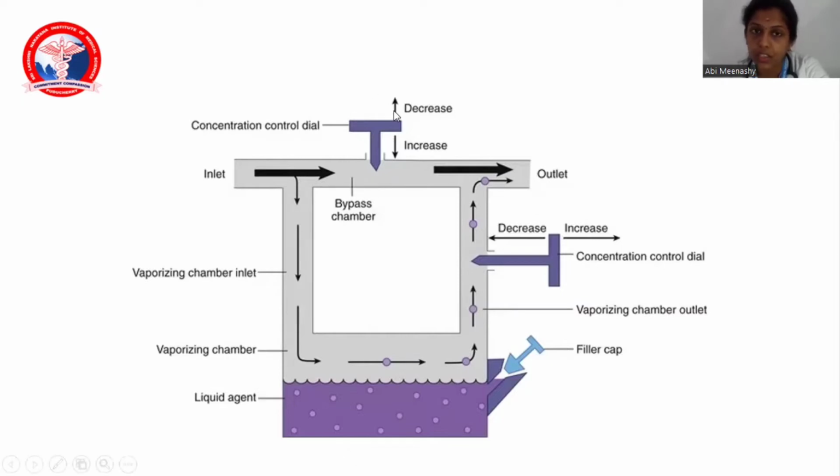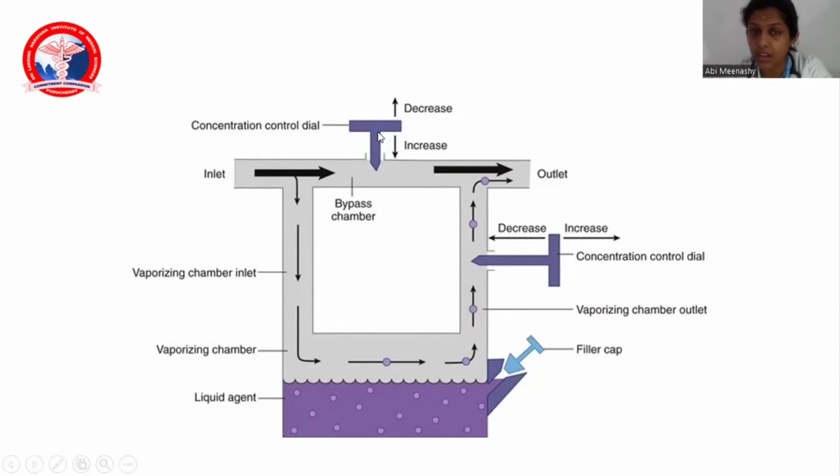If you decrease the concentration, the concentration dial will come out, and a lot of it will be pressed inside the bypass. It will be opening up the bypass chamber, so that a lot of gas will go through the bypass chamber. So when you increase it, the dial will come down, so that less number of air molecules will go to the bypass and more will go to the vaporizing chamber.